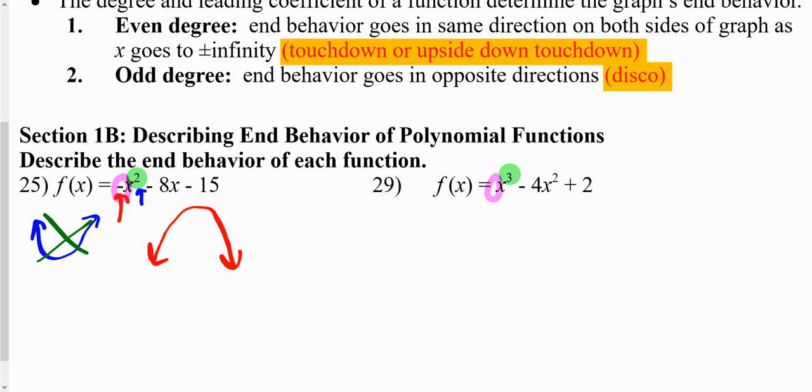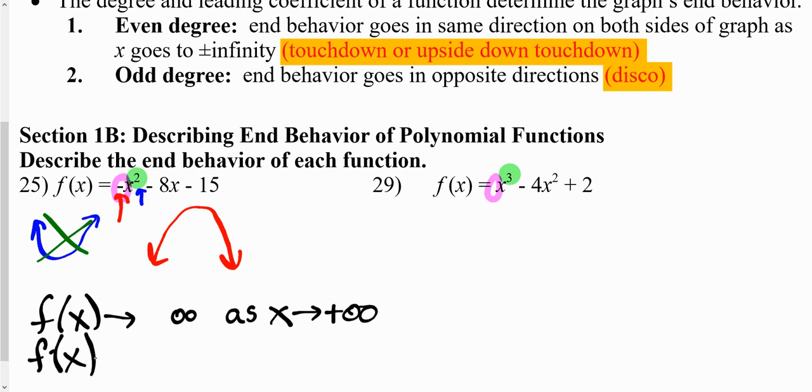So we're going to go ahead and write out our basic information. And then all we have to do is adjust what's going on in front of our infinity signs after the f of x.